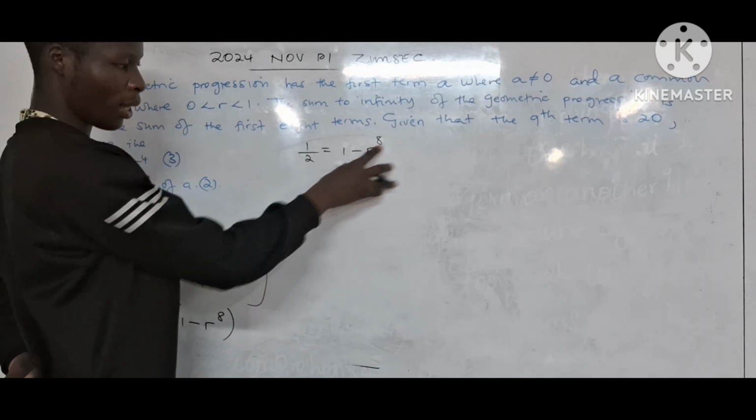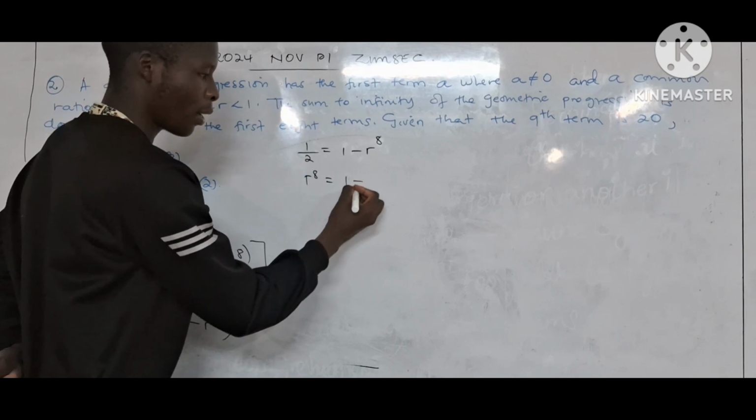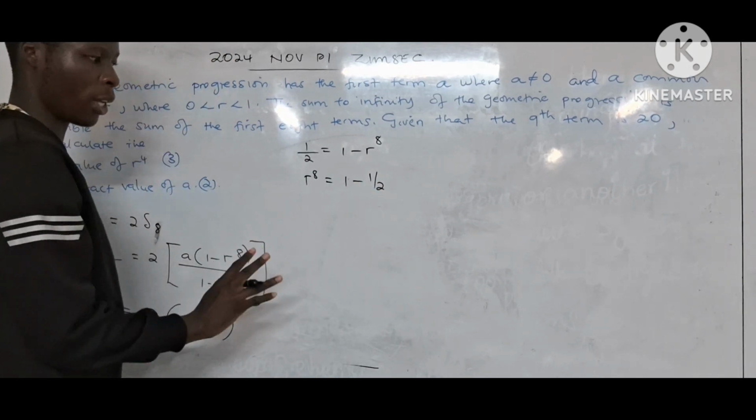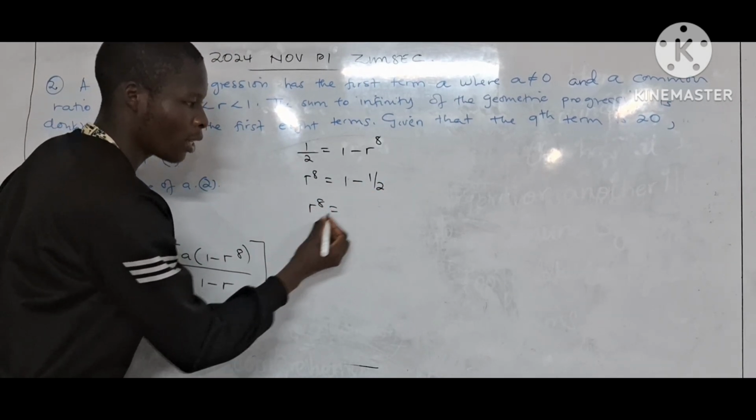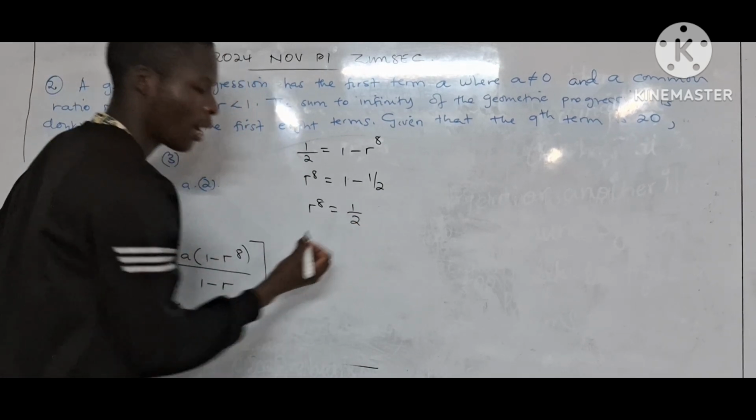So in other words, you take this to this side. R to the power 8 is equal to 1 minus 1 by 2. What is the answer? This is nothing but half.